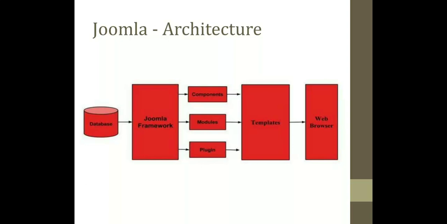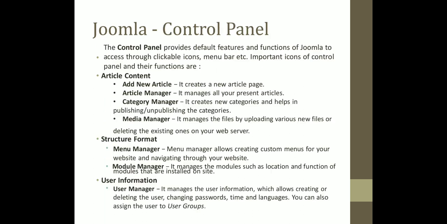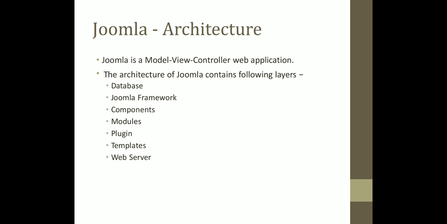The database contains useful information like user data, content and necessary data of the site. It also contains the administrative data which manages the Joomla site. The database is a collection of data and it can be stored, manipulated and organized in a particular manner.